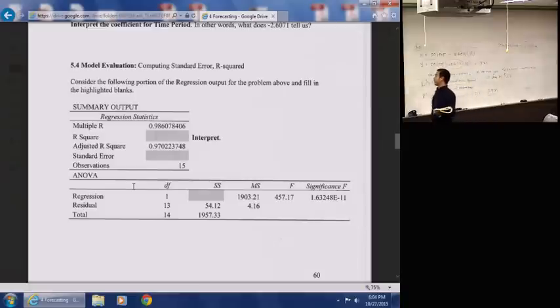When you look at the table, you see MS, so just look at MSE, which is the MS of the residual. Sometimes people call it residual, sometimes error. So MS residual or MS error is the same, and it is 4.16. Then standard error is going to be the square root of 4.16. It should be 2 point something, 2.04, there you go.